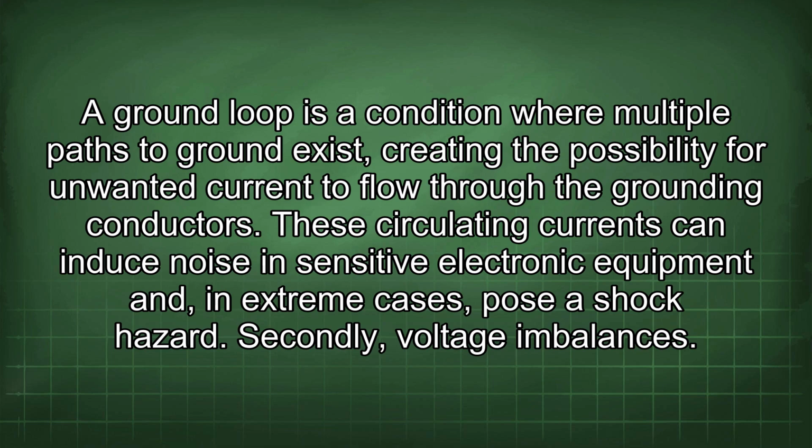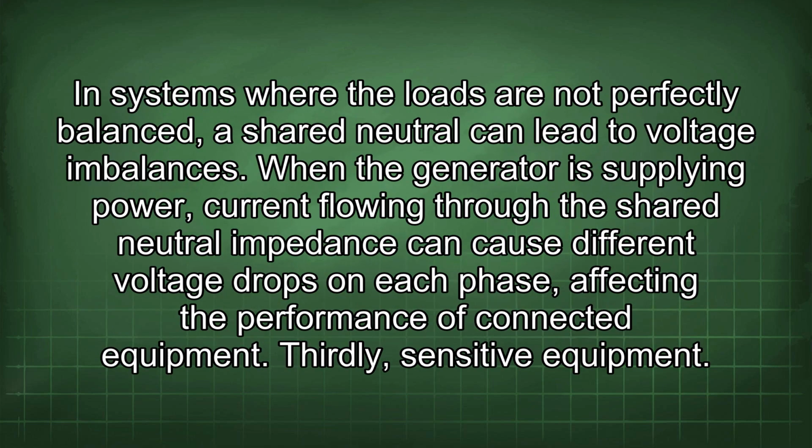Secondly, voltage imbalances. In systems where the loads are not perfectly balanced, a shared neutral can lead to voltage imbalances. When the generator is supplying power, current flowing through the shared neutral impedance can cause different voltage drops on each phase, affecting the performance of connected equipment. Thirdly, sensitive equipment.